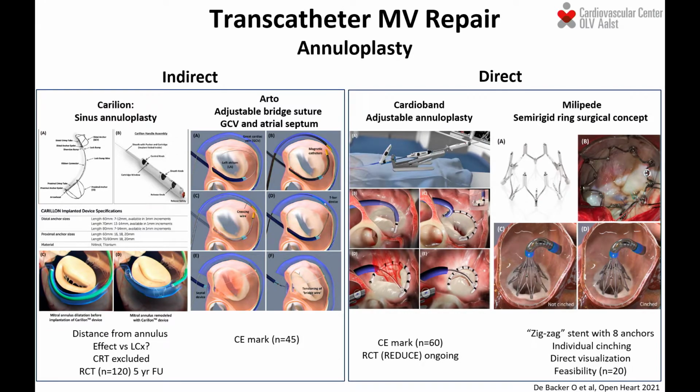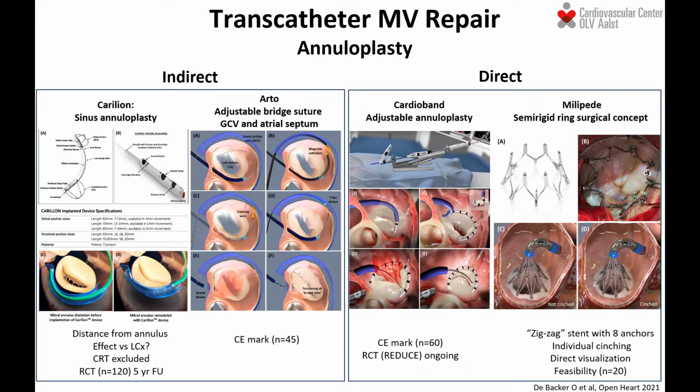Another, most recent, is the Millipede system from Boston Scientific, which is interesting in its design, and there are several features that are also of interest. So this is like a zigzag stent with 8 anchors which are basically positioned on the annulus, and they allow individual cinching between different anchors, reducing the annulus size, improving coaptation, basically tailoring to the site location of the mitral insufficiency.